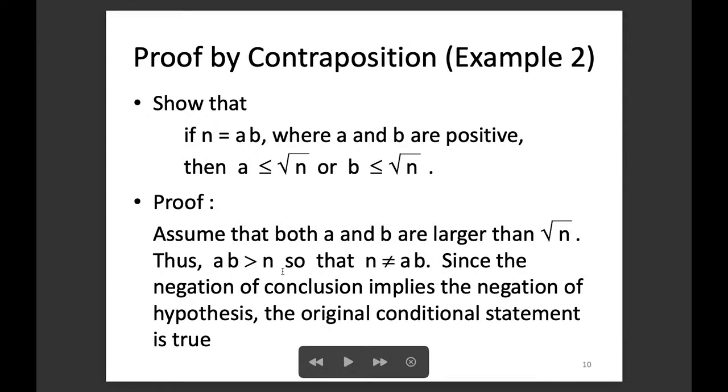So if we start from the negation of the Q part, and after some logical deduction we get the negation of the P part, then we are done. So we are showing that not Q implies not P, so we are also showing that P implies Q to be correct. This is the other example of proof by contraposition.